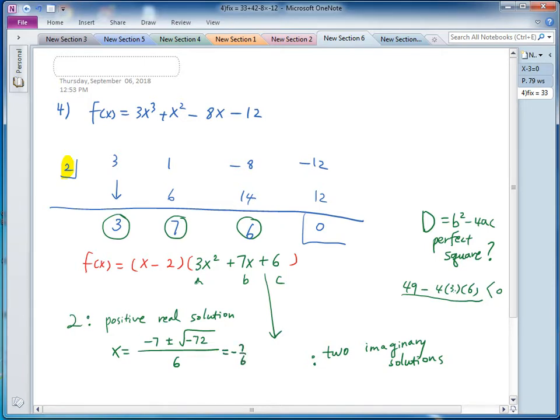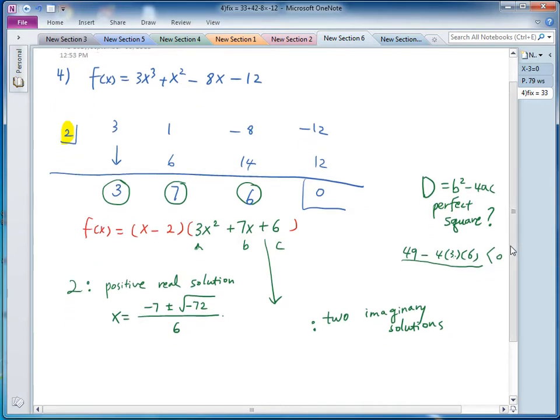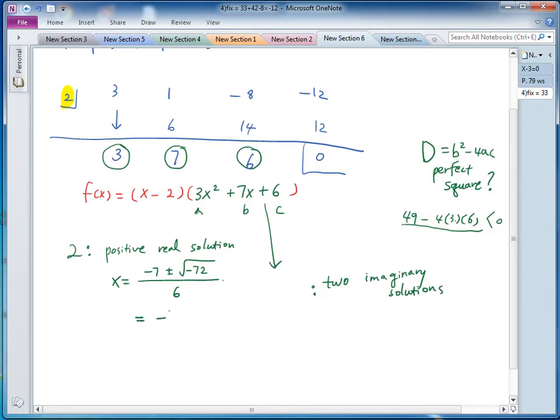Negative 7 over 6, real part, plus or minus, what is the square root of 72? That's 36 times 2. Let me do it again so you can see all the work. So here, negative 7 plus or minus the square root of 72, half is 36. What is the square root of 36? 6. So this can be written as 6 root 2 with i over 6. Yes.